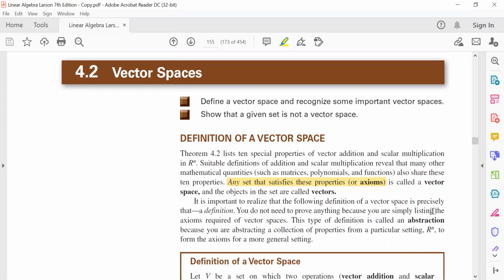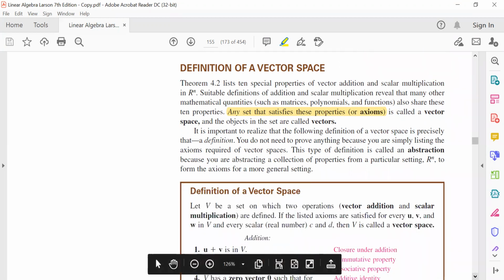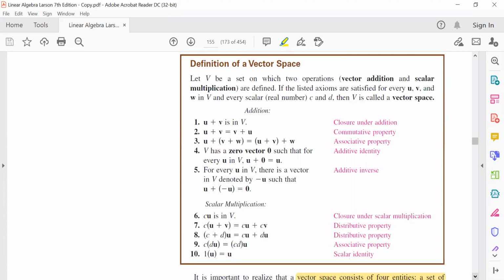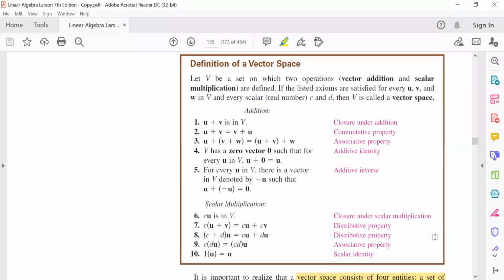But now, the definition of a vector space is that any set that has these properties is going to be called a vector space. So these properties are called the axioms of a vector space.